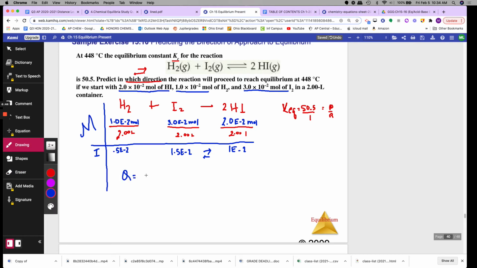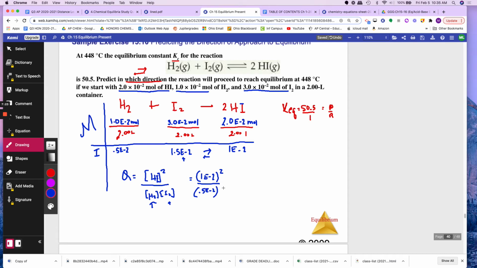Q is equal to products, which is HI squared, divided by H2 times I2. I solve for that. I'm going to get 1e negative 2 squared divided by 0.5e negative 2, which is H2 right here, times I2, which is right here, 1.5e negative 2.